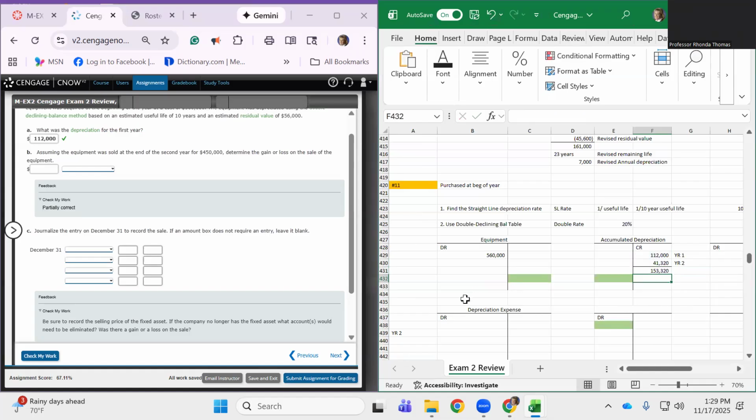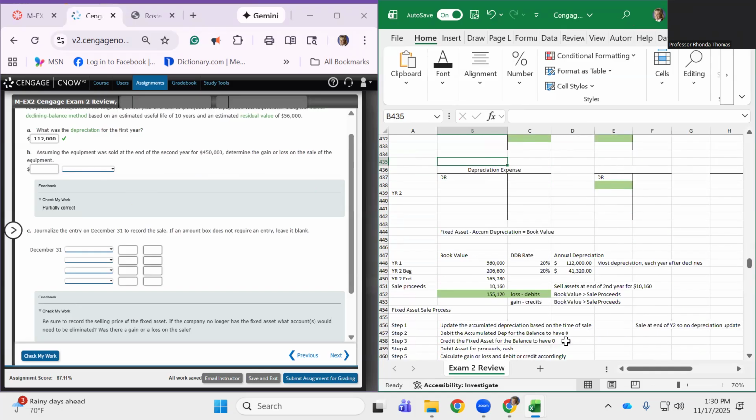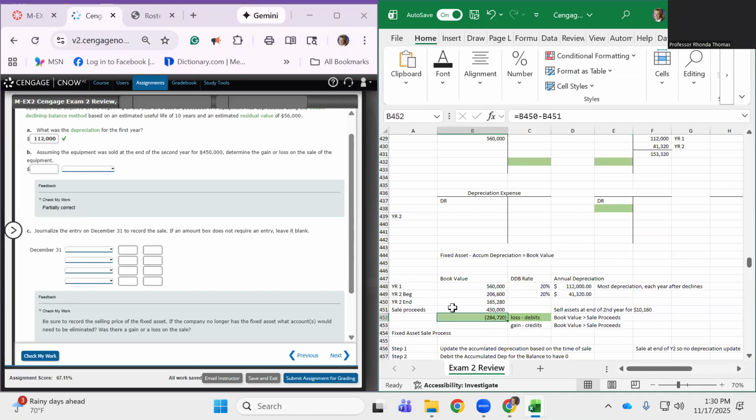So the book value, which I think is what they're, okay, assuming the equipment was sold at the end of the second year for $450,000. So here's what the sales proceeds are. Here is the book value and the sales assets at the end of the second year.